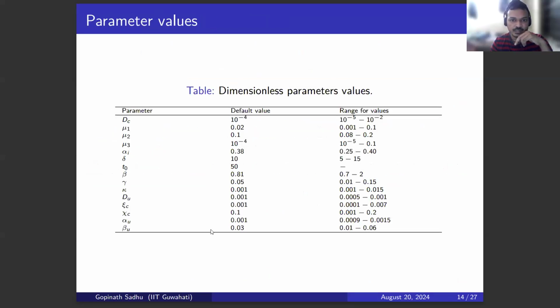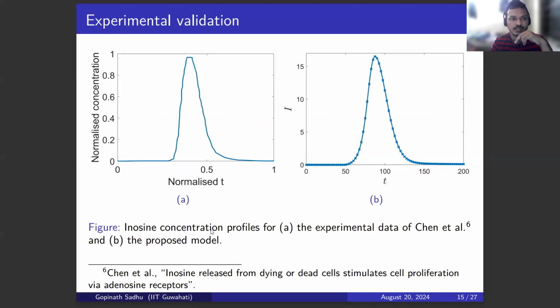These are the dimensionless parameter values we have used to conduct our simulation. And this is the qualitative experimental match-up, and we can see that it has good agreement between the experimental data and our proposed model.